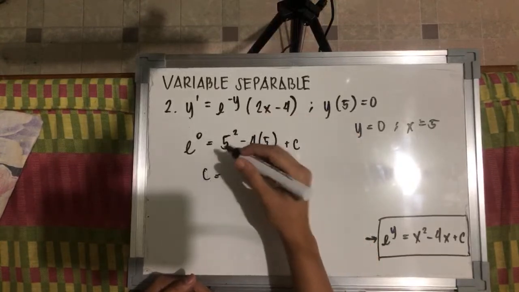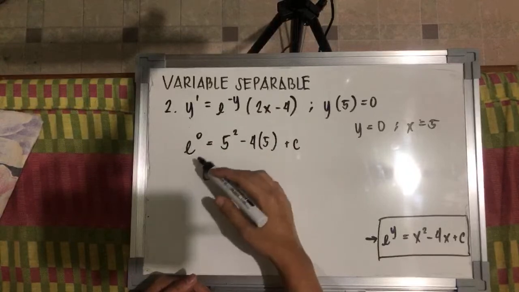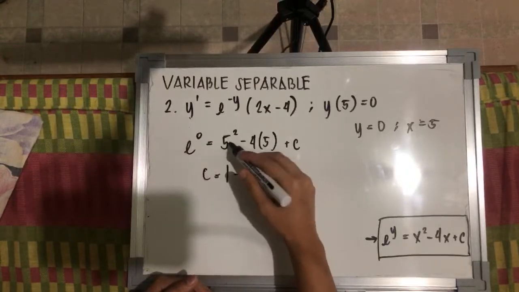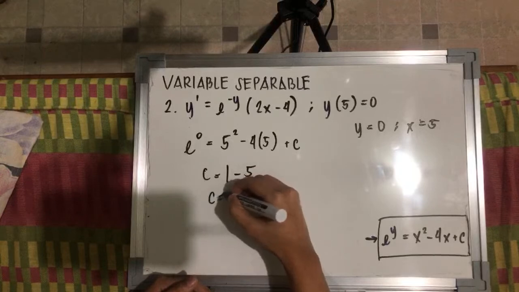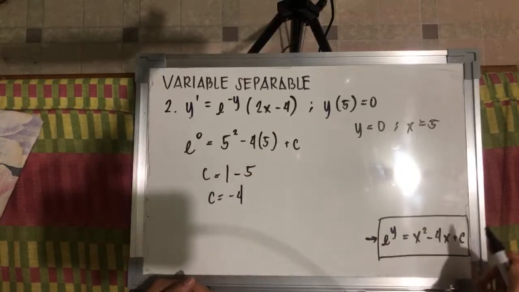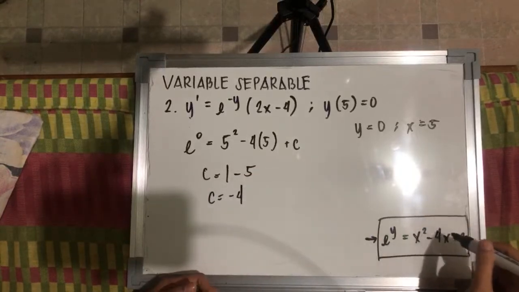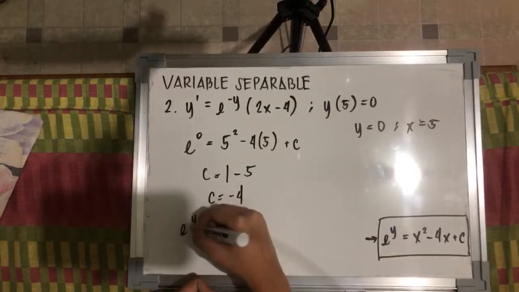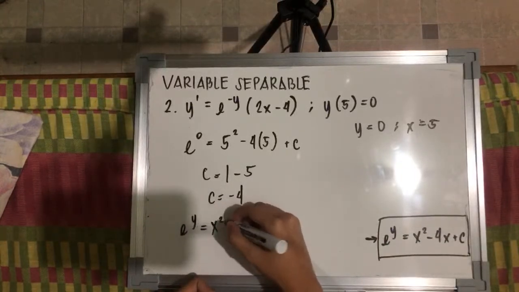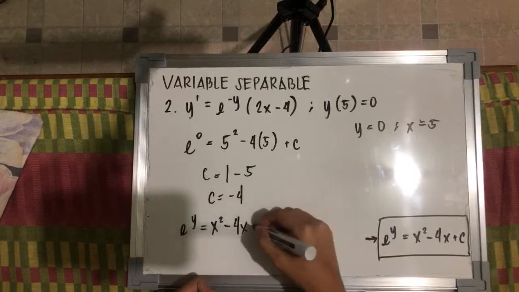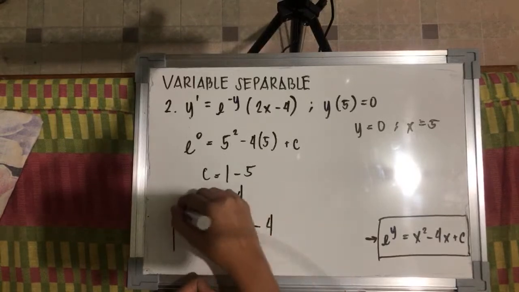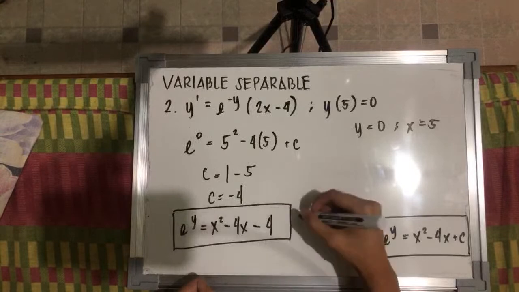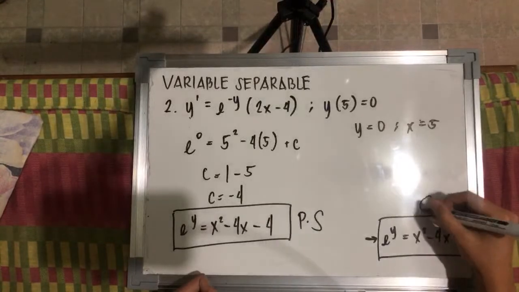So, e raised to 0 is 1. 1 minus 5. C is equal to negative 4. So, substitute sa general solution, e raised to y is equal to x squared minus 4x minus 4. Ito yung particular solution, ito yung general solution.